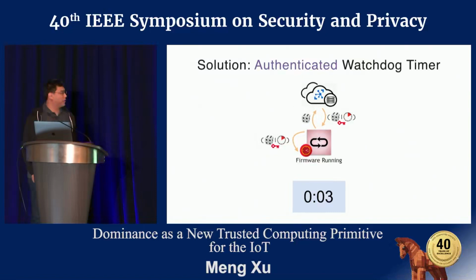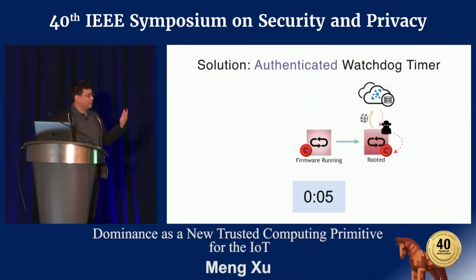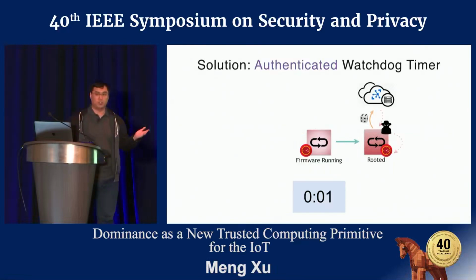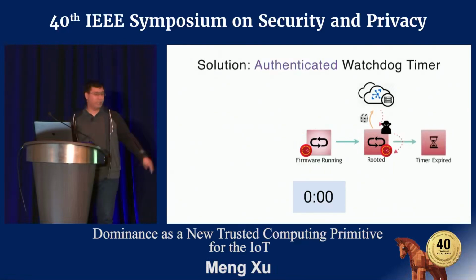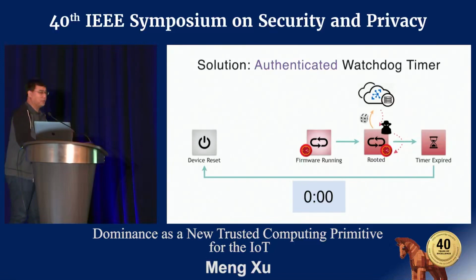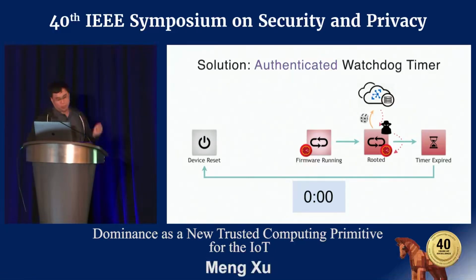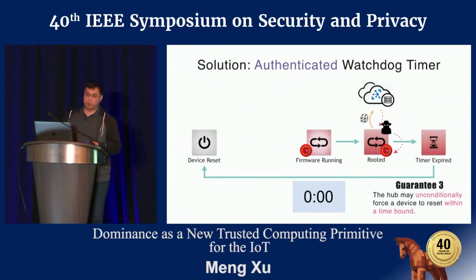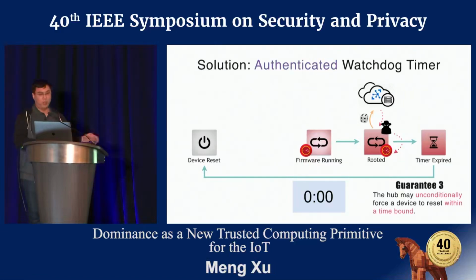And if in any case you are rooted and the hub finds out that the firmware is not what the hub wants, it will stop issuing the tickets and the timer will expire and reset your device. And recall that when you reset the device, it will always go to the CIDR trusted bootloader. And then in the bootloader, you can download the firmware and do the patches. So this is how we achieve the third guarantee, which means that the hub can always unconditionally force the device to reset, as long as the hub stops issuing you the certificate.